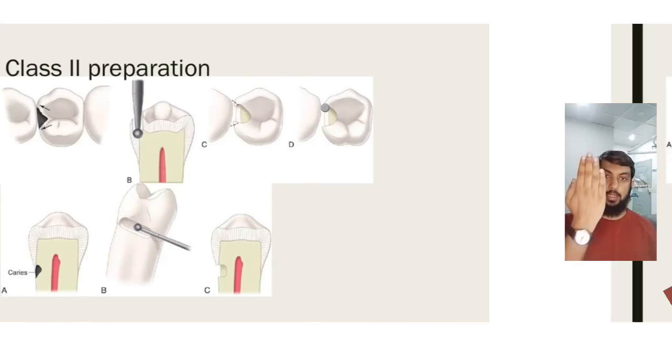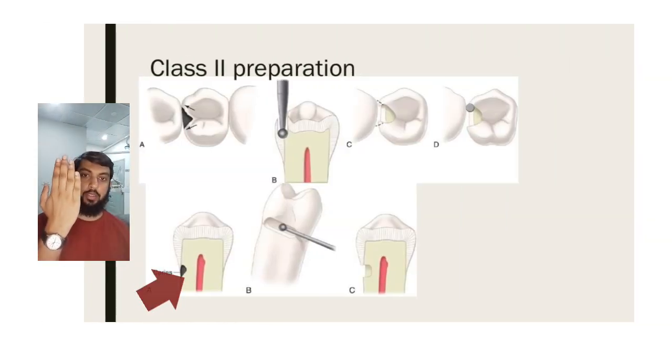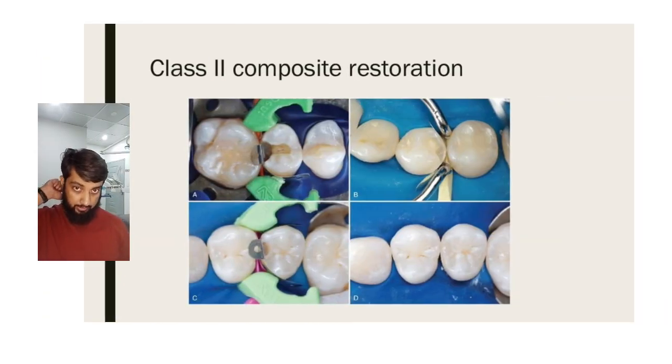You are going to access the carious lesion from the buccal side or the lingual side. Make just a slot, use retentive grooves on the incisal part and the gingival floor part, and proceed with the same procedure such as etching, bonding and restoration.